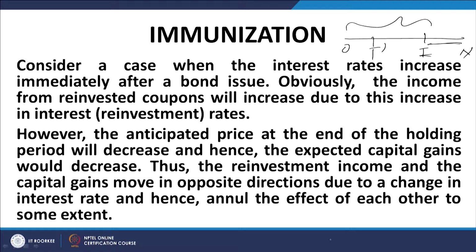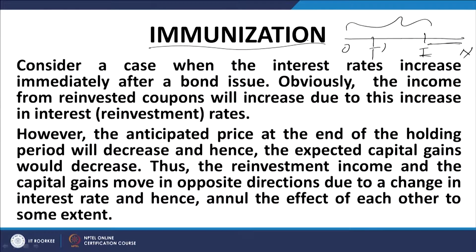In other words, these two effects not only operate in opposite directions, but they are also related to your holding period, how long you propose to hold the instrument. There is a unique period between 0 and N, such that if you hold the instrument for that period, these two effects counterbalance each other. And if they counterbalance each other, what is the impact for you?